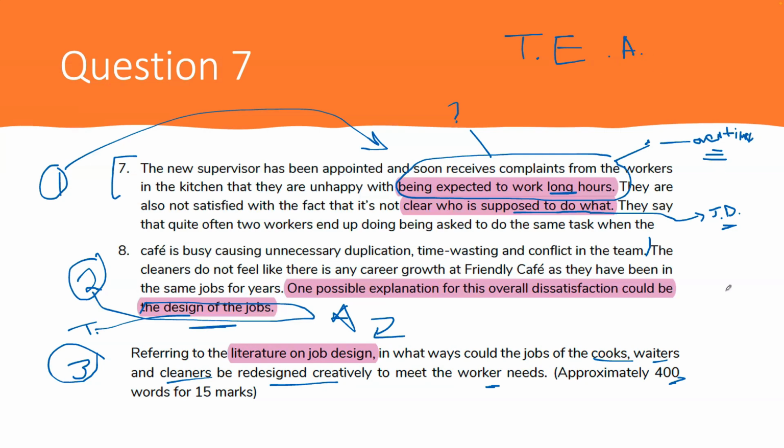Absolutely. Yes. So job design in itself, some say it's more of an art than a science, but it lies at the heart of process design.